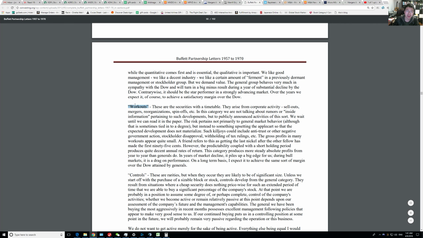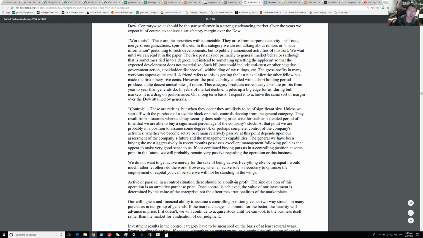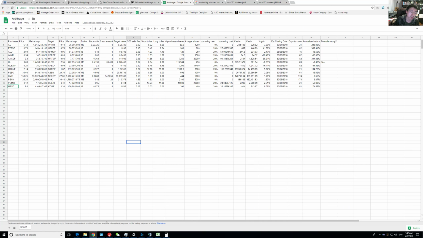I think workouts and controls, both of them, he relied on a lot more when there's overall overvaluation in the market, because these have a different return profile than the market itself. And by market, I mean Dow Jones or S&P 500. So that is why I started looking into these, and may be interesting to you guys as well.